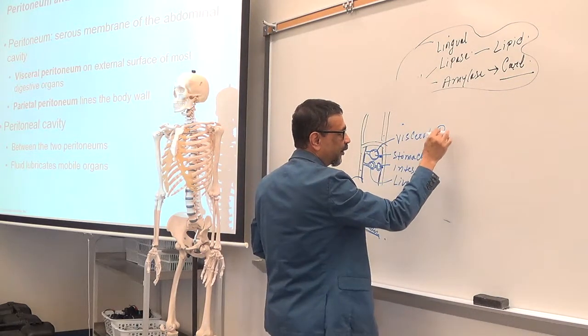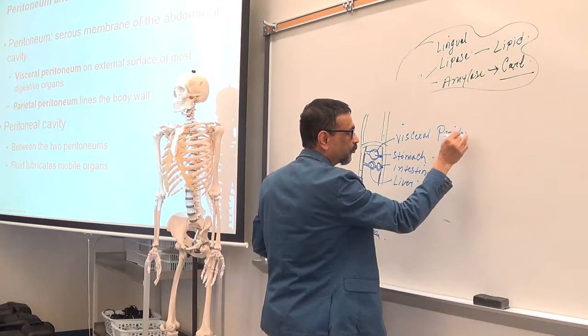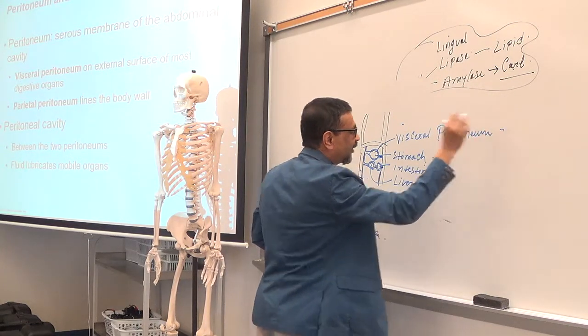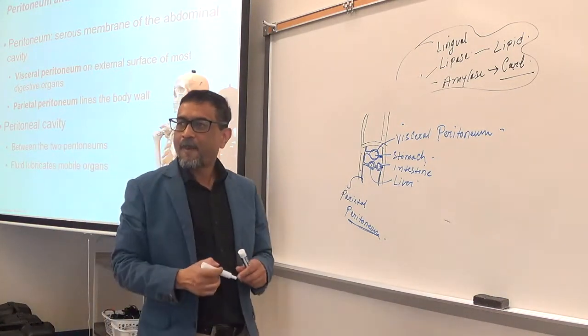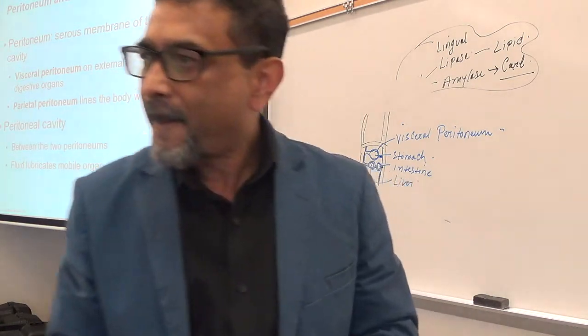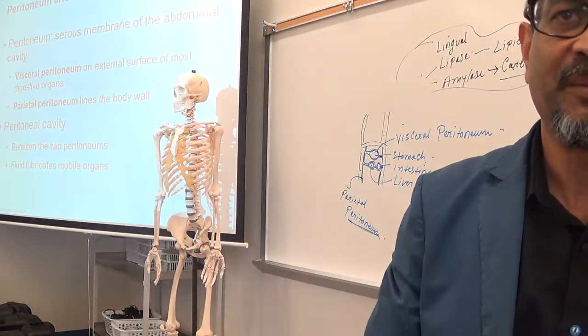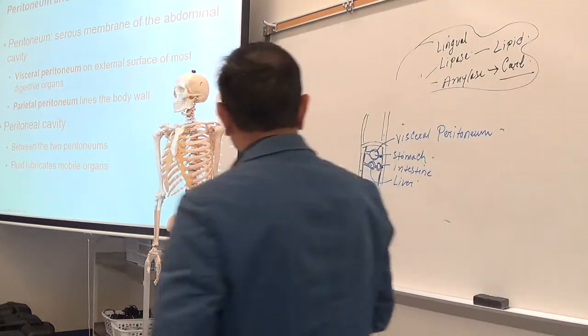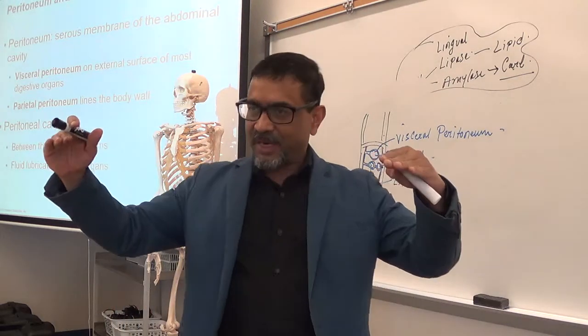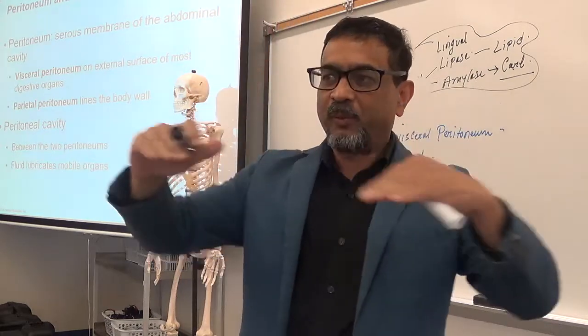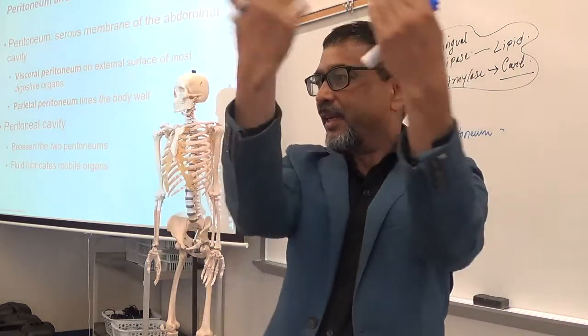Visceral peritoneum. Make sense? Is it safe to say that any lining that covers an organ is going to be the visceral, and anything that covers the wall is going to be parietal? Yes. Right. But actually, it's the same structure, going inwards and covering the internal organs.